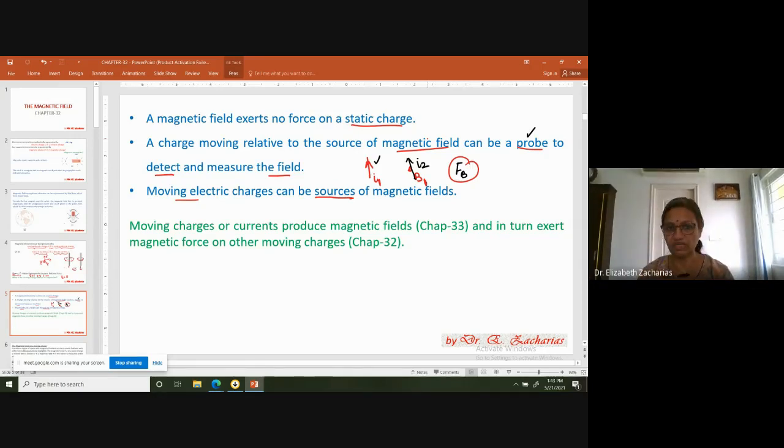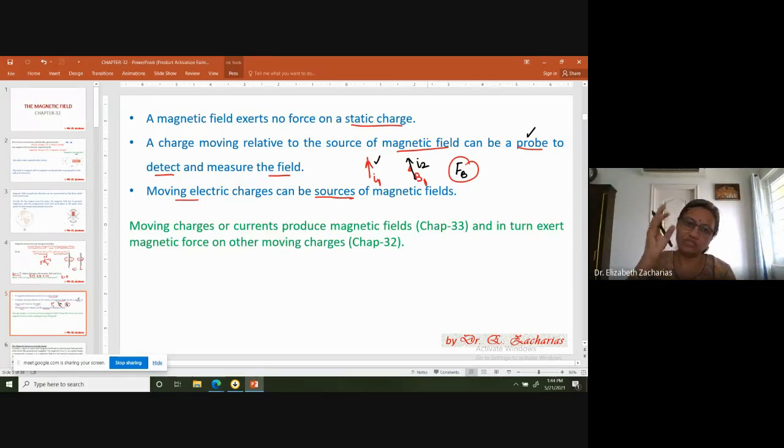Now, what are you going to study in chapter number 32? In 32, you're going to see the effect of magnetic field. What is the force it creates? Magnetic force. You don't bother about the source. You don't bother about who created that magnetic field. I know that there's a magnetic field.